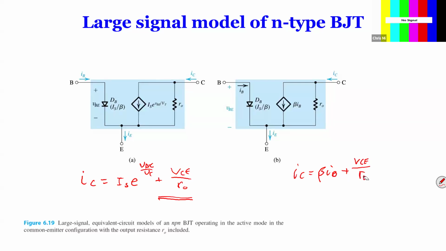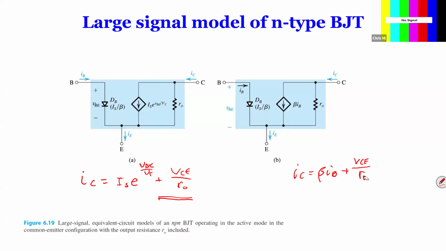These two are identical equations. It's simply changing the expression, one using IB and the other using VBE. This one is probably used more later, because we're not going to directly use the VBE form anymore; it's only in the initial phase that we correlate VBE, IS, and IC.